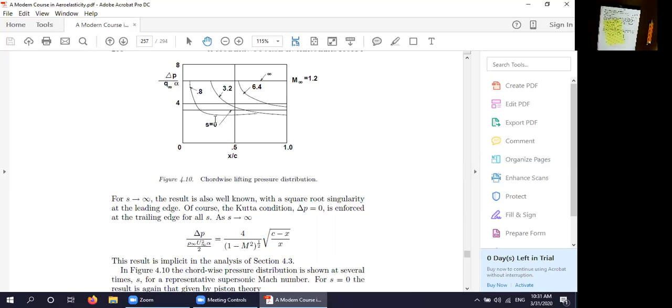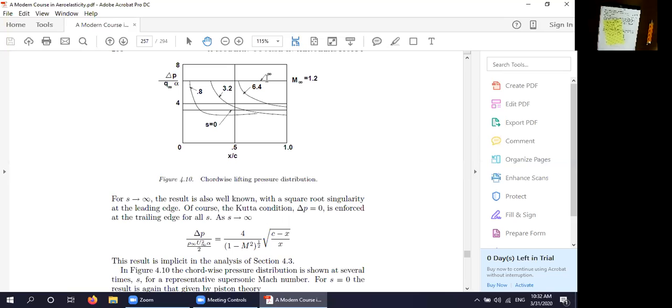At s equals 0, it's this horizontal line. That is, piston theory says if I have a constant angle of attack or a constant downwash, then the pressure does not vary along the chord. It's a constant in space along the chord. That's interesting. At large time, the complete theory says that's still true, namely that the pressure doesn't vary along the chord at very large time.